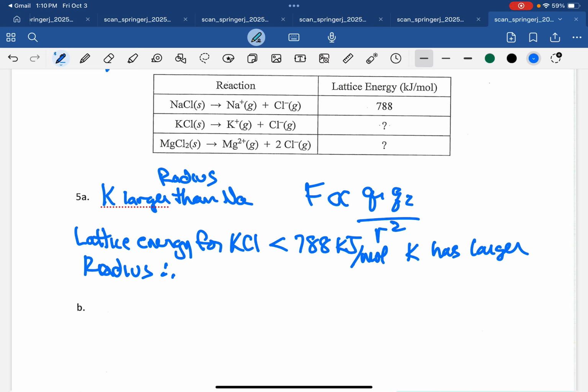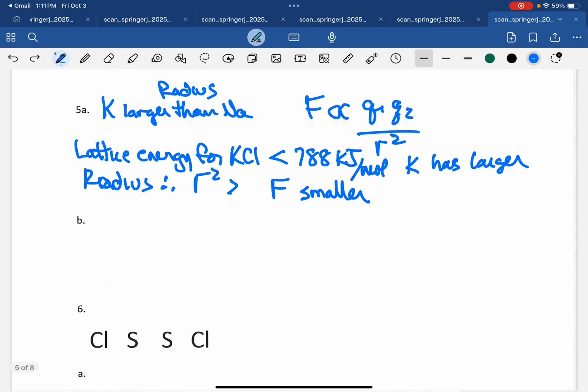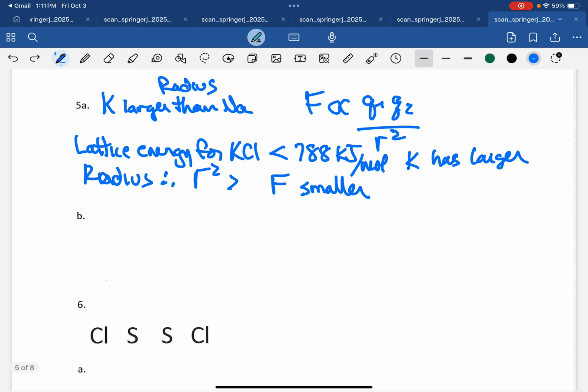And that means that R squared is bigger, sorry, which means F is smaller, right? Because R squared is in the denominator, so if it gets bigger, then F gets smaller. And we're looking at the force. So F is smaller, and that's why the lattice energy is less.